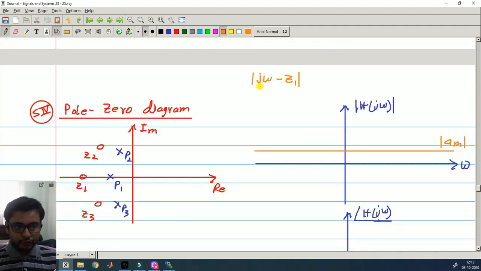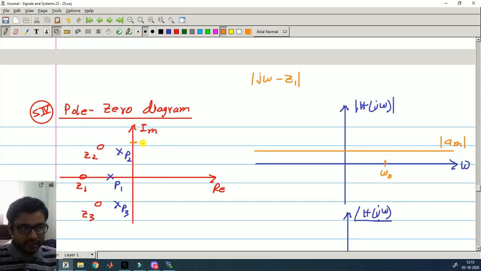Now suppose you are considering a particular value of omega, say omega naught, and we want to get the magnitude response at this point. Then this omega naught can be marked in this pole zero diagram somewhere on the imaginary axis.